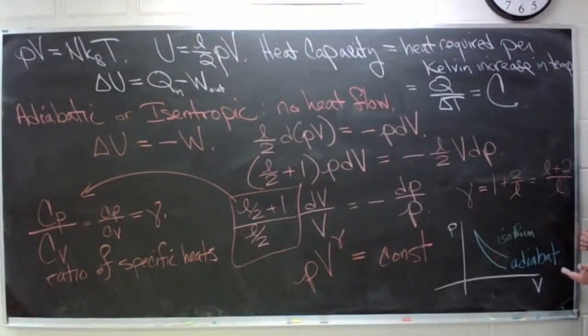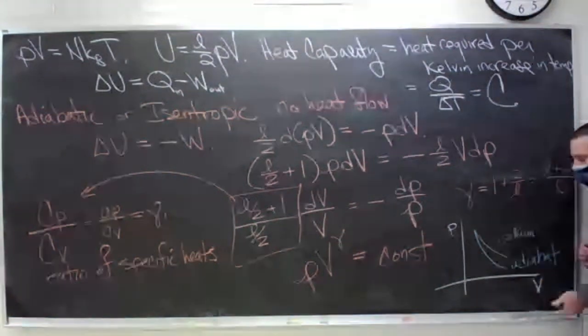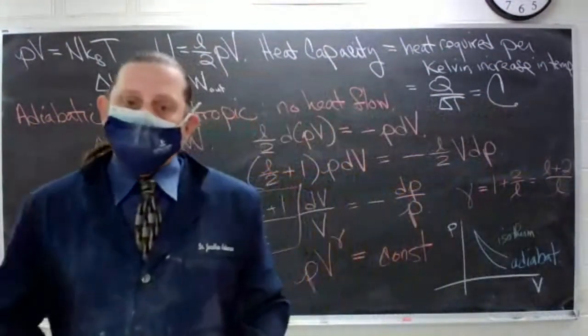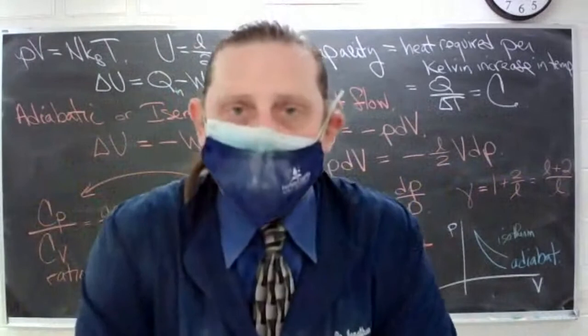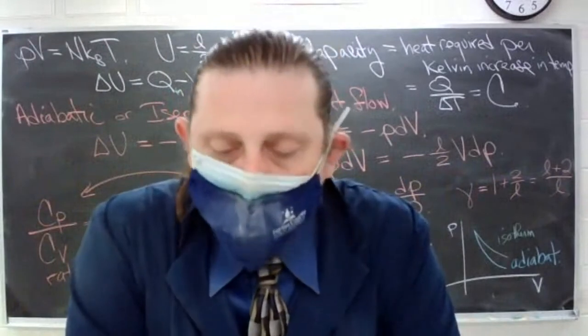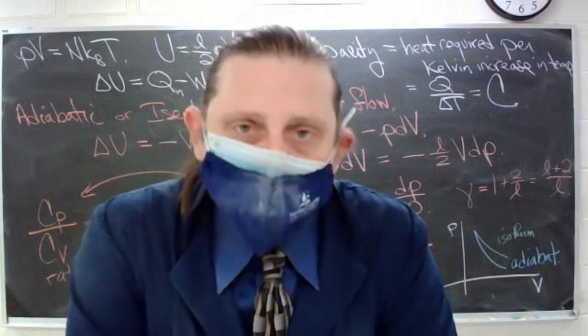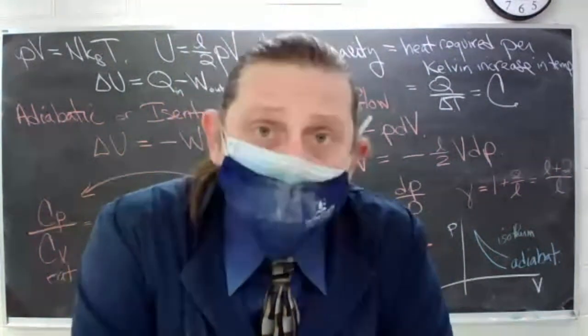If you were to compare isotherms at different temperatures, what you'll see is that the adiabatic curves decrease the temperature by going down at a steeper rate into curves associated with smaller and smaller temperatures. Okay?